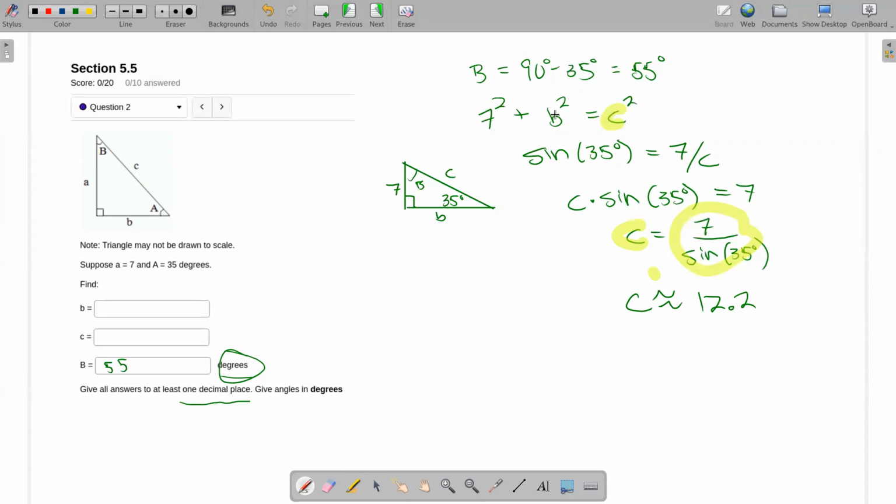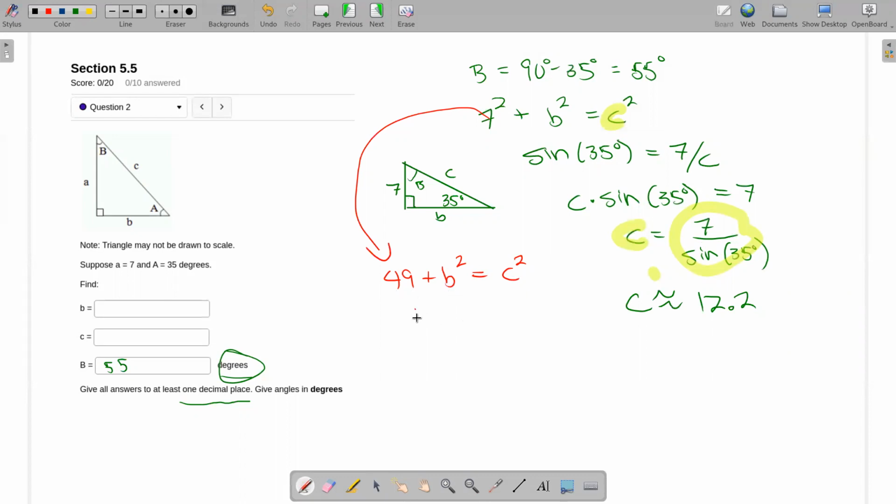Now that I know C, I can easily find B based on that up there. So let's bring that down to play with. So we have 7 squared is 49 is equal to, no, plus B squared, sorry, I lied. Plus B squared. And I'm just going to leave it as C squared for the moment, and then I'll plug in this number after. I want to solve here for B this time. That's what I don't know yet.